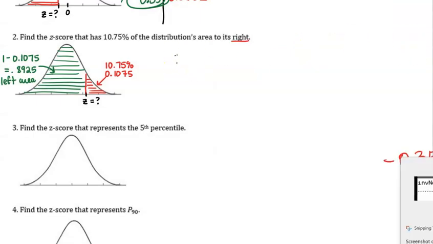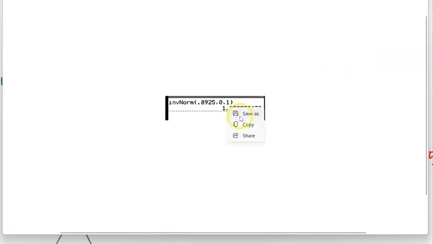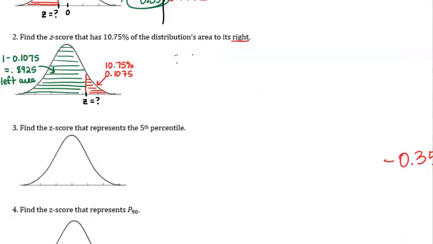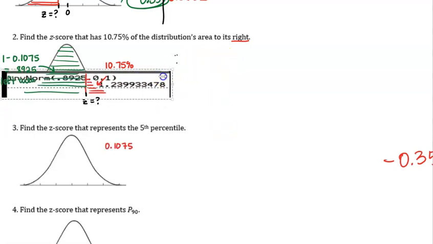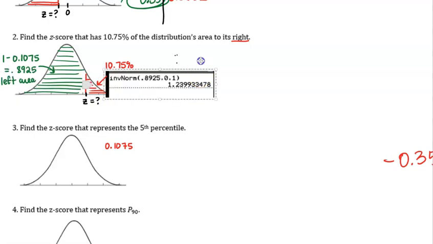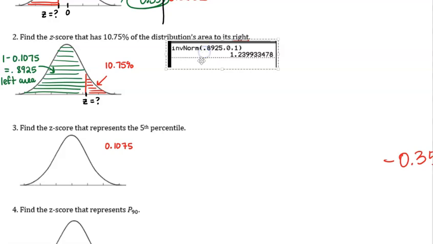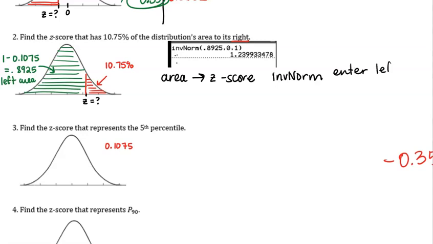Now we have seen this example worked out using the standard normal distribution table and also using the calculator where we use the inv norm function. So a quick little summary: if we're going from an area to a z-score on the calculator, you use inv norm and you enter the left area.